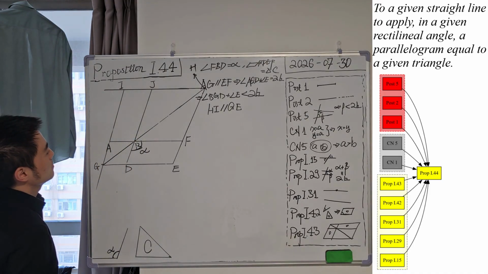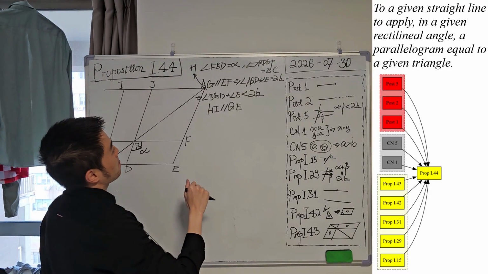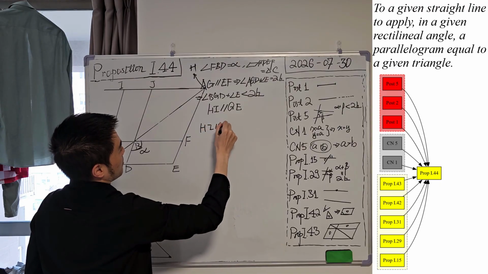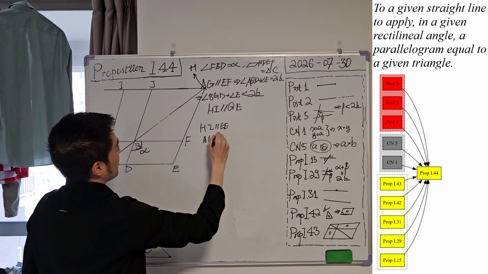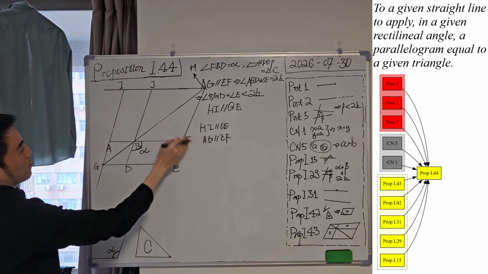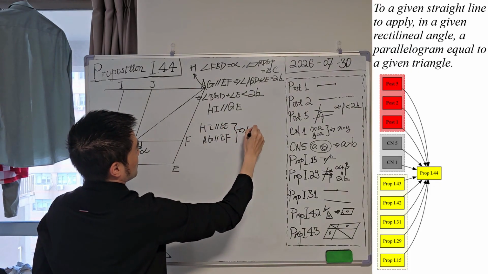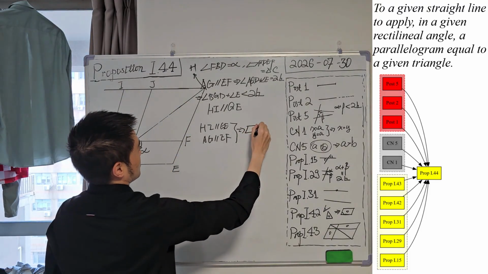And what can we conclude? HI is parallel to GE and AG is parallel to EF, right? So they are parallel, which means this is a parallelogram, right?